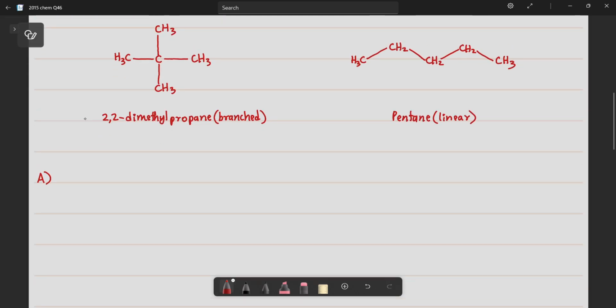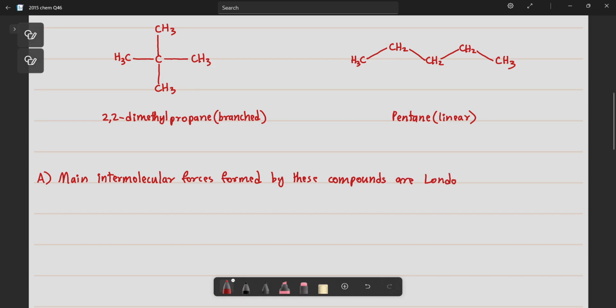So since they're both alkanes and hydrocarbons, the main intermolecular forces formed by these compounds are London forces, or you can call it van der Waals force or London dispersion force.